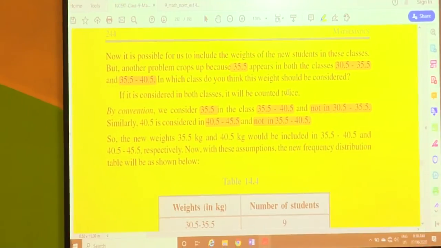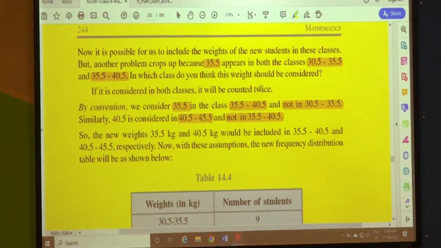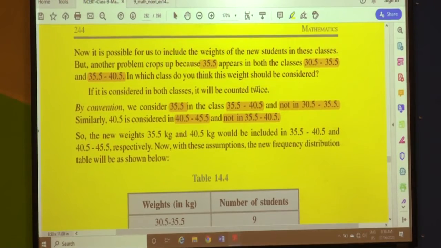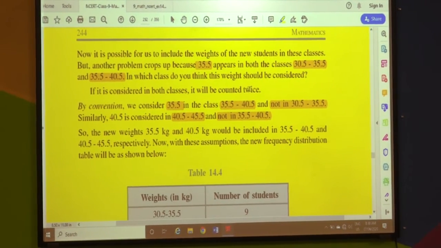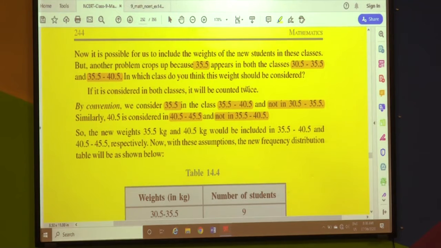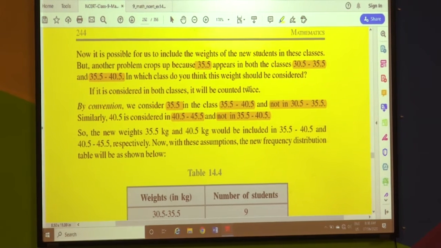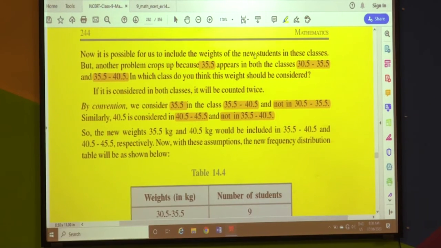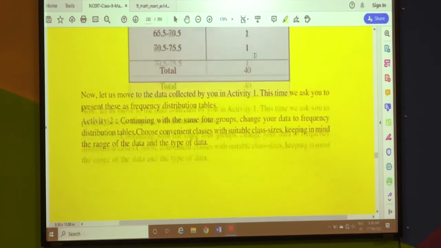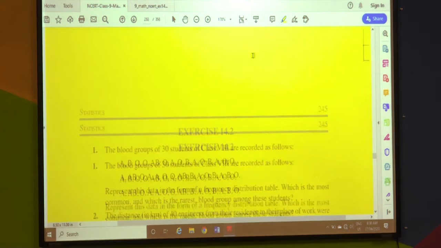If the value is repeated on the class limits, that value should be counted or considered in that particular class wherever it is the lower limit. Yesterday, here we had concluded in the previous session.